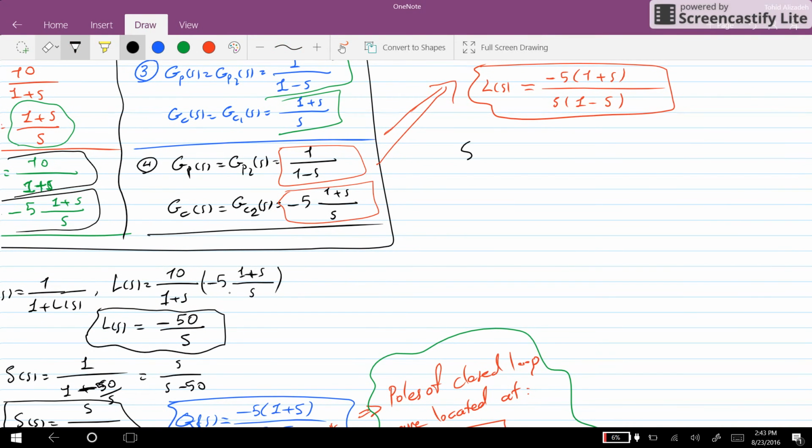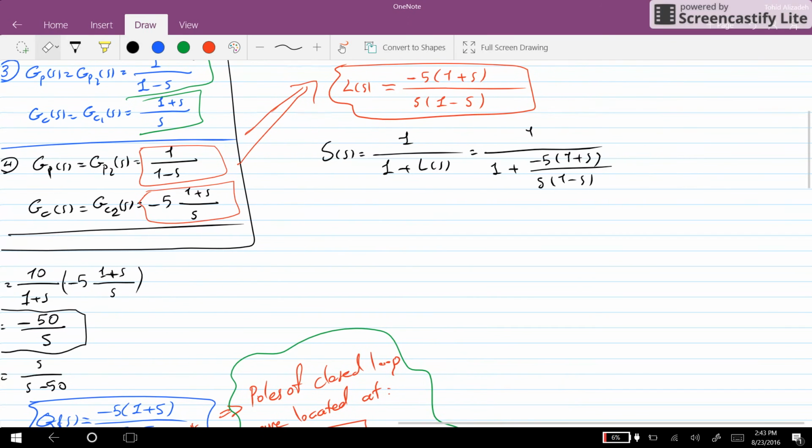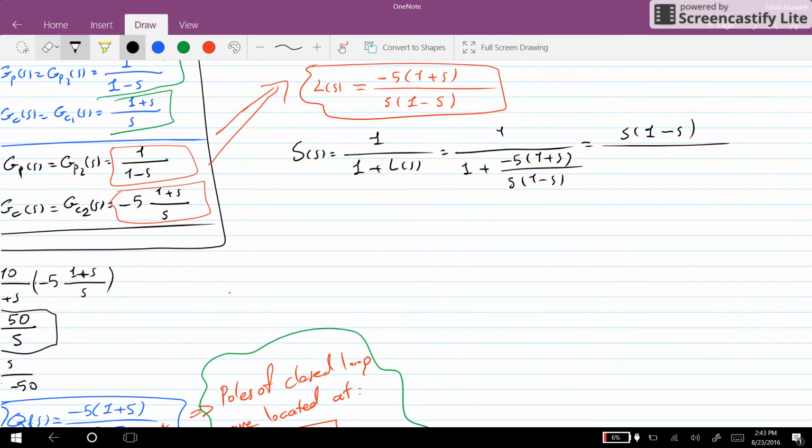Now I can form the sensitivity function S, which is 1 over 1 plus LS, and this will result in 1 over 1 plus minus 5 times 1 plus S over S times 1 minus S. And after simplification, we will have S times 1 minus S at the numerator, and S times 1 minus S minus 5 times 1 plus S at the denominator.